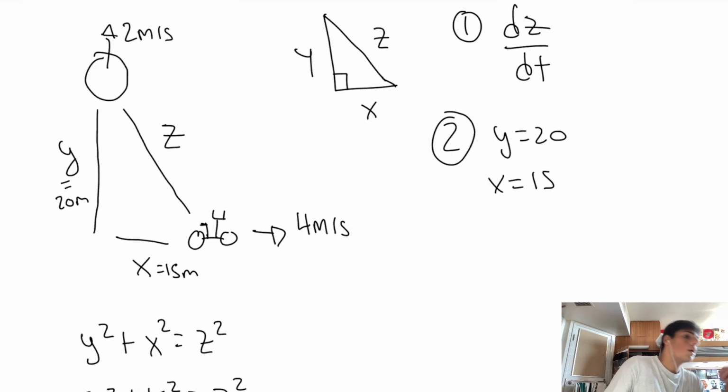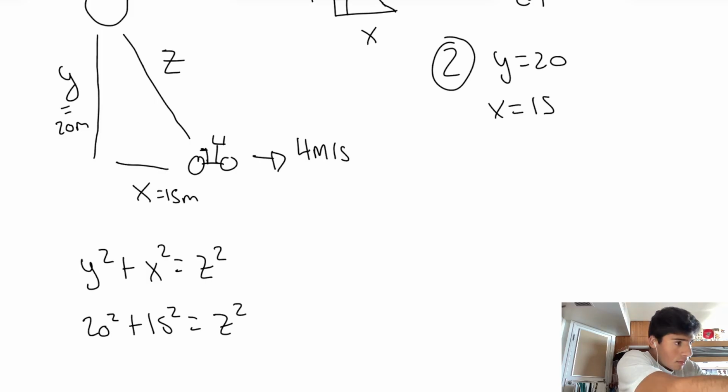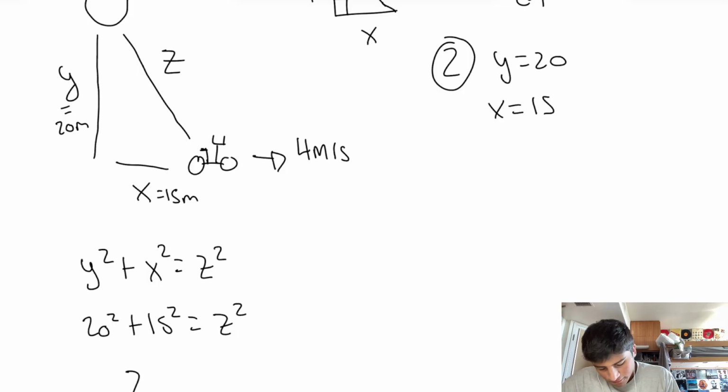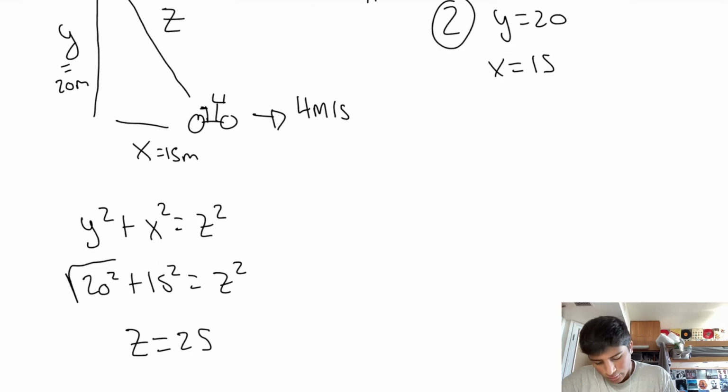I'm going to use a calculator for this one. And I got z equals 25. So I just kind of took the square root of both sides, and I got z equals 25.